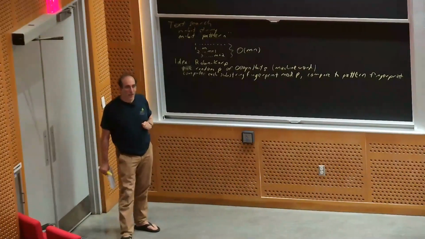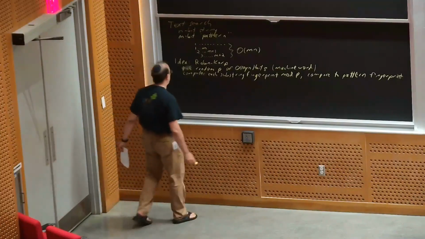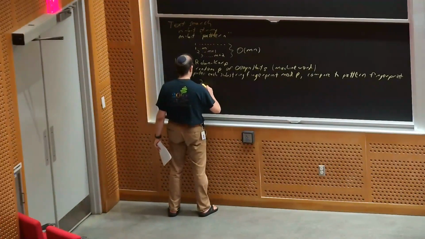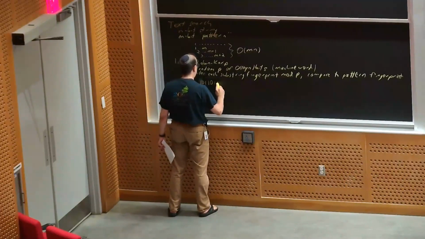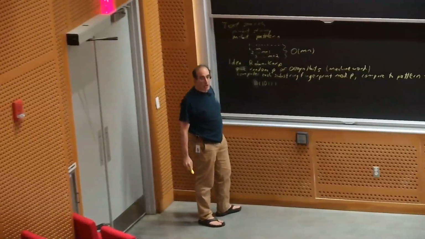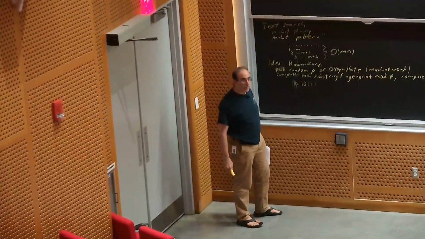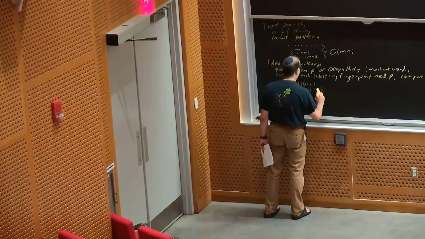But here's where Rabin and Karp had a clever insight. Suppose I'll work in the bits version. I have checked a particular substring, and now I want to check the next substring.